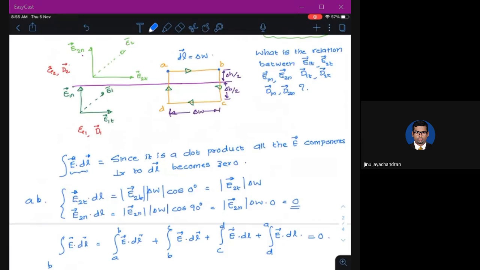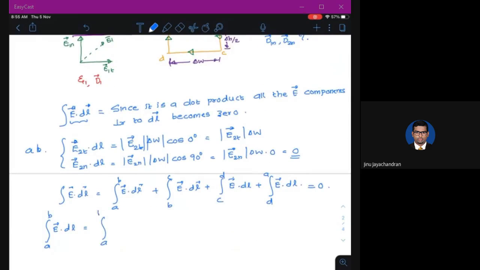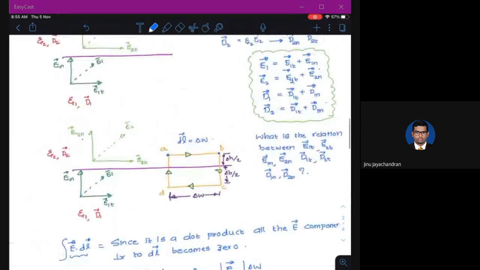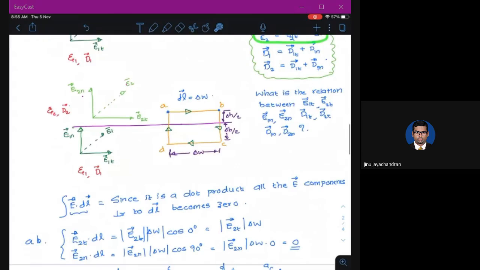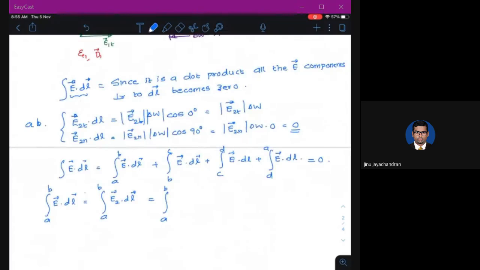Okay. So when I do integral A to B E dot dl, AB is in the second dielectric, whose electric field is E2. This is E2 dot dl. And we have decomposed E2 as E2t plus E2n. So I can write this as integral A to B of E2t plus E2n dot dl.